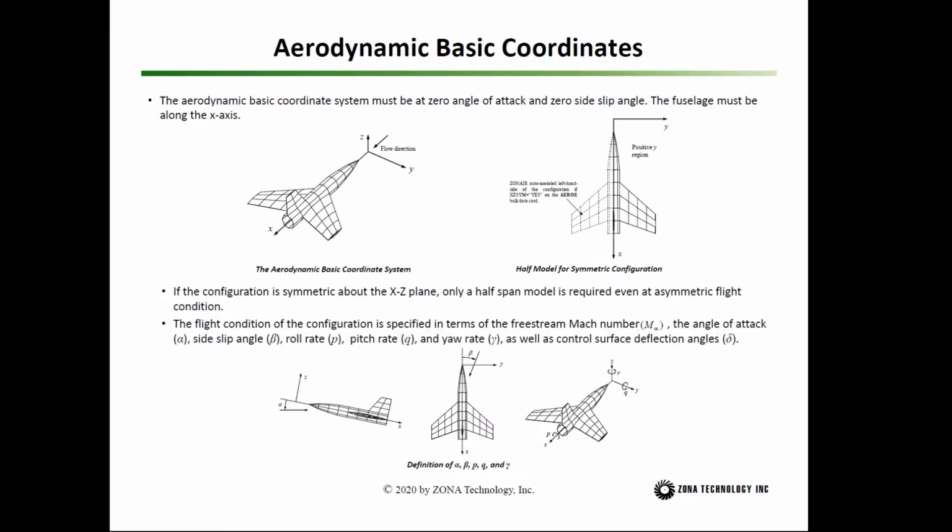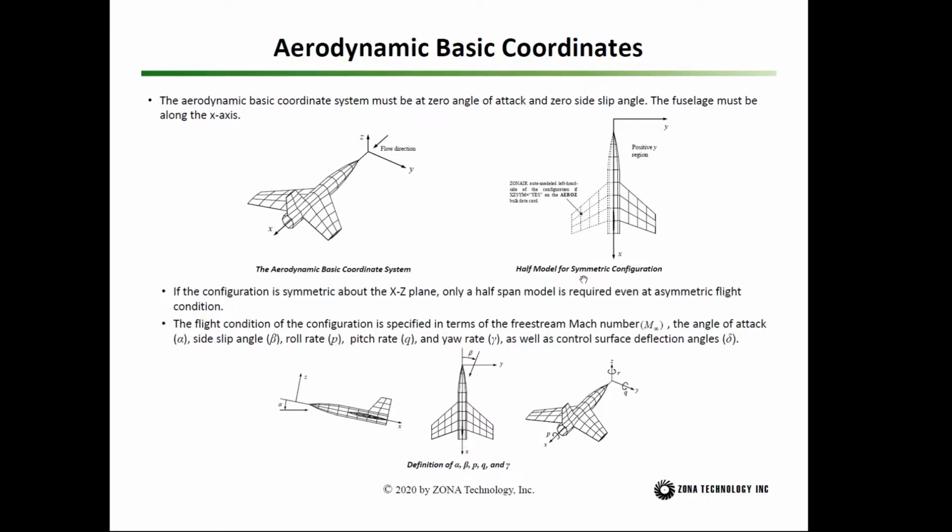Then it uses the so-called symmetric AIC matrix to solve for the symmetric flow solution, and the anti-symmetric AIC to solve the anti-symmetric solutions. At the end, ZONAIR will superimpose the symmetric solution and anti-symmetric solution and give you an asymmetric solution.